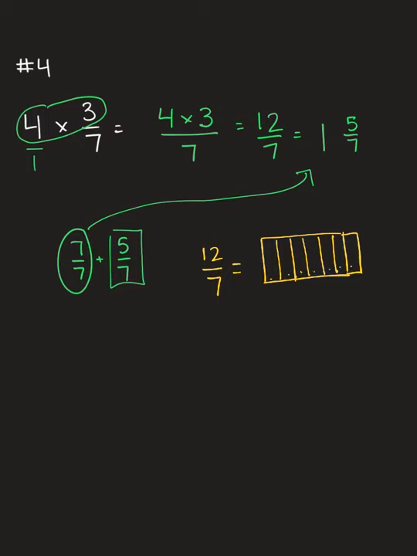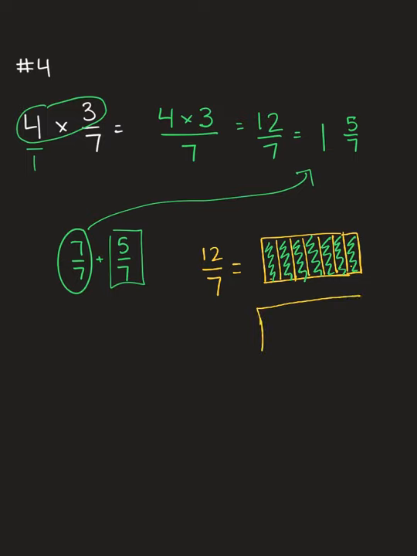Now, I need to shade in 12 pieces. So I would look and go, okay, 1, 2, 3, 4, 5, 6, 7. Well, I still need more pieces. So I can't add on to this or cut it into smaller pieces because then they wouldn't be 7s.